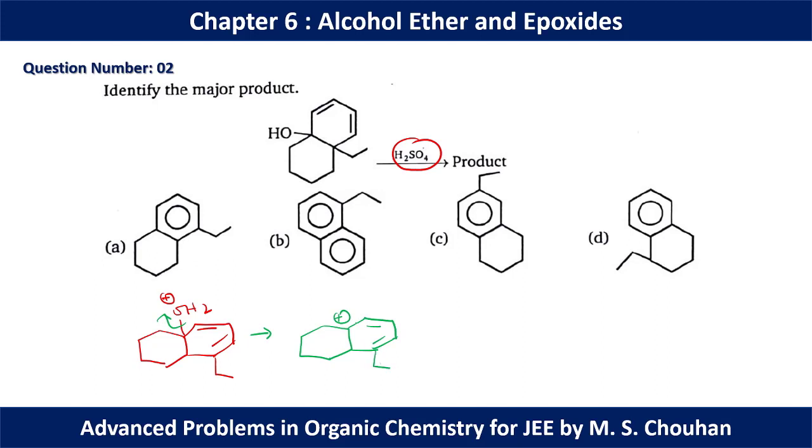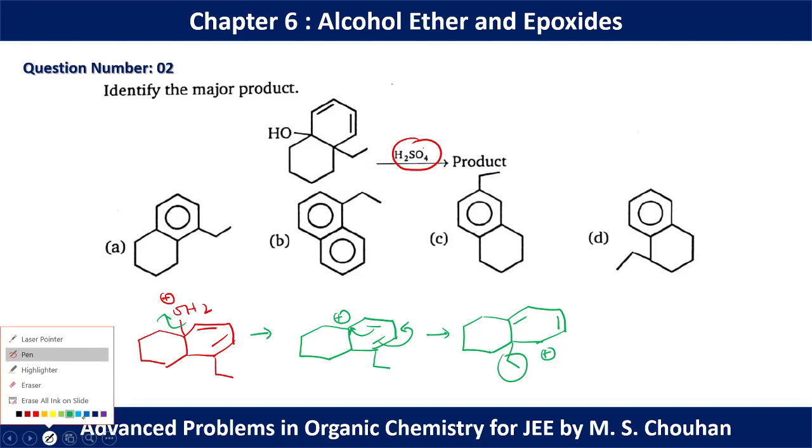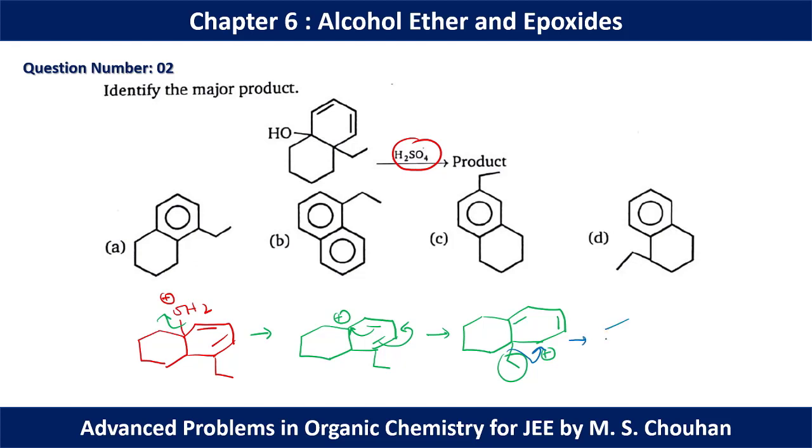Now this carbocation can rearrange itself by resonance and it will come in this position. Now this ethyl group can migrate to give more stability to the carbocation.